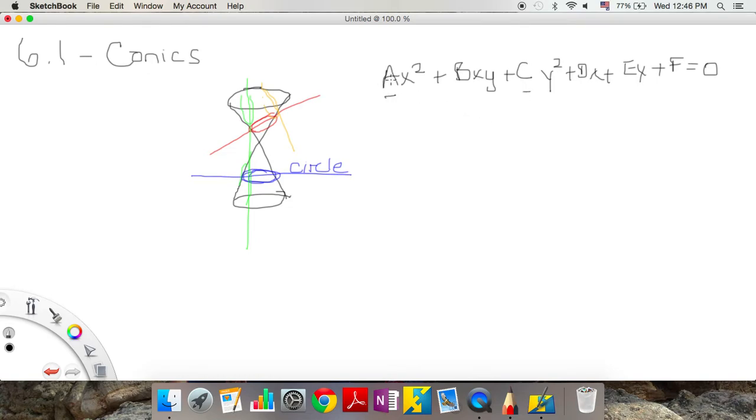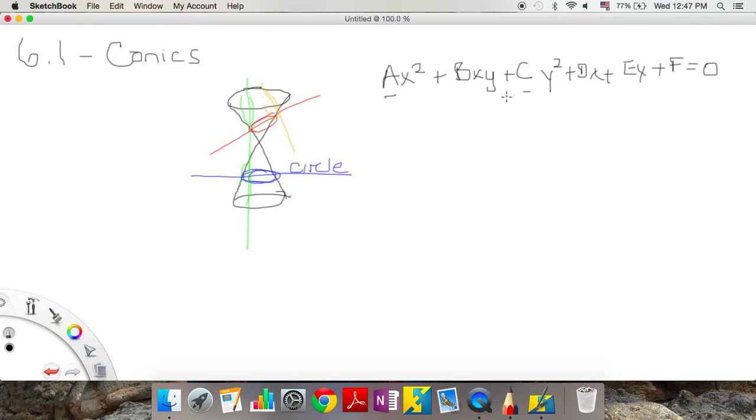An ellipse is where you have a and c that are not equal to each other and the same sign. A parabola, one of those has to be 0, and a hyperbola, they're not 0, and they're different signs. So a and c are the ones that you look for to decide what kind of conic section it is.